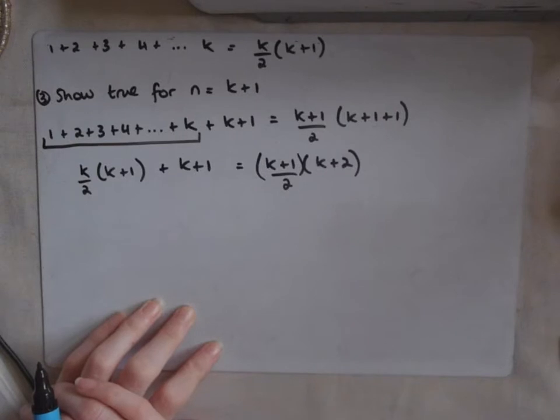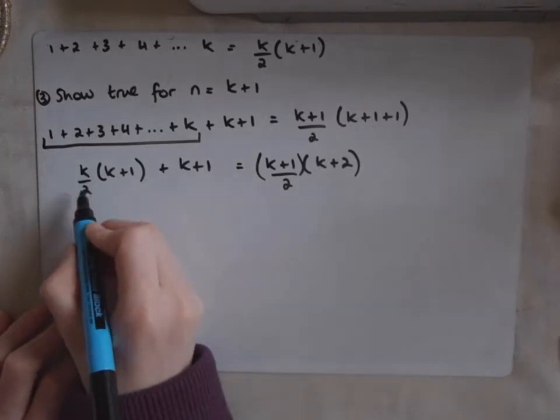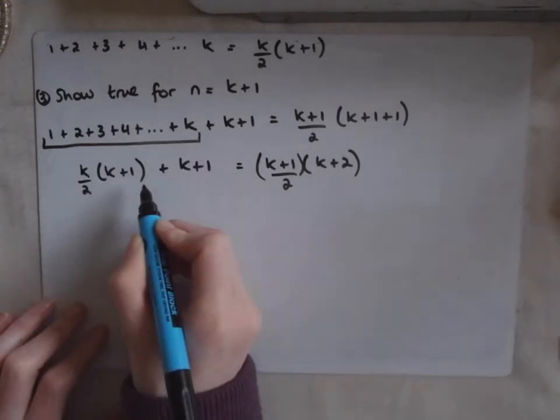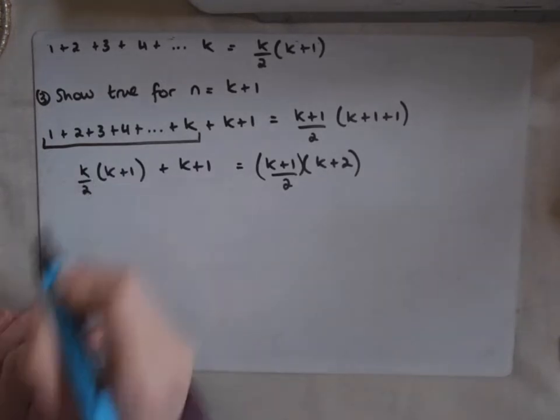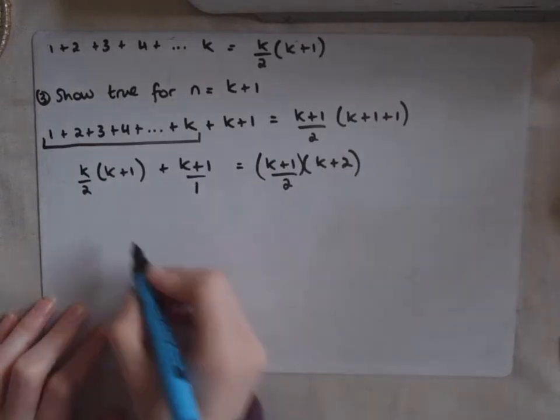Now, you're just trying to make the left-hand side and the right-hand side look equal, because you're trying to show that something is true. Okay? So, this k over 2 by k plus 1, that 2 is outside the whole thing, okay, because the top lines are being multiplied. So you could get a common denominator on this side, which would be 2.